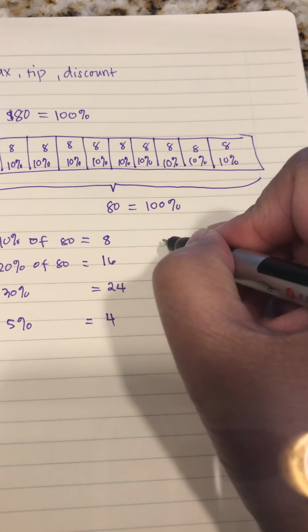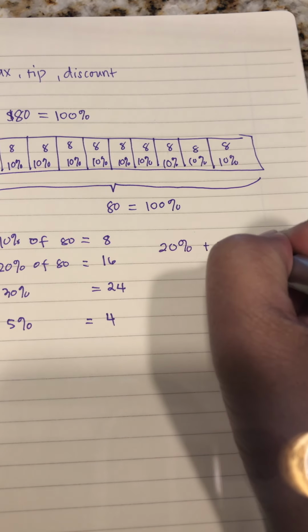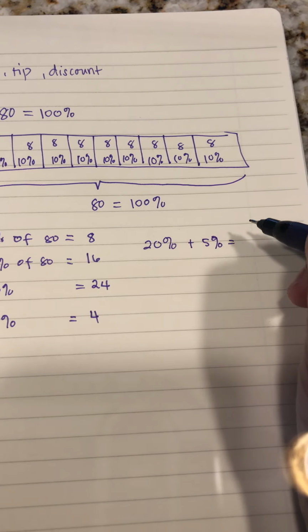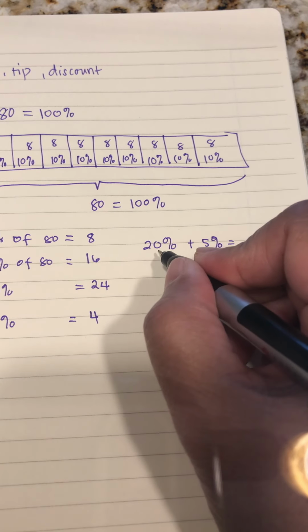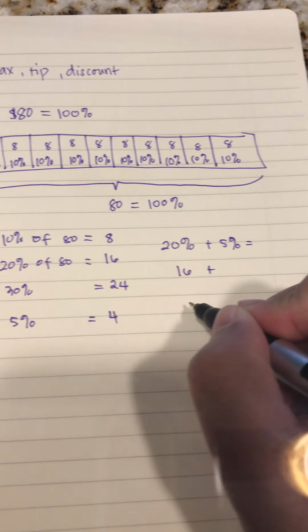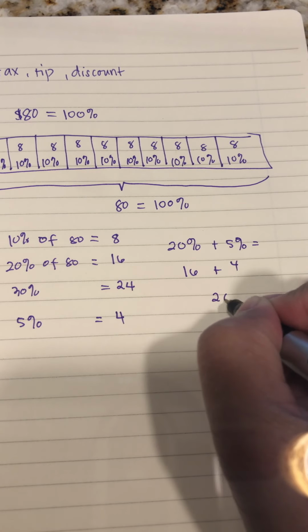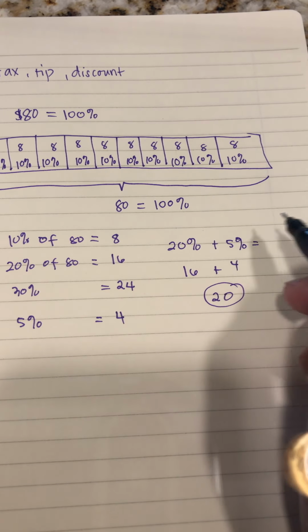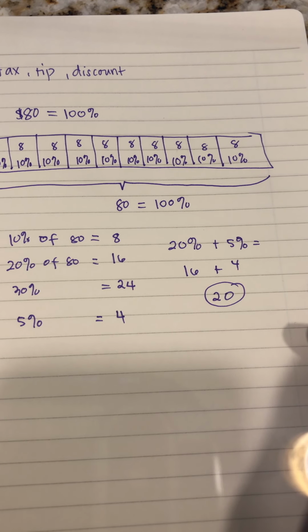For my 25%, I can add my 20% plus my 5%. My 20% is 16, and my 5% is 4, so that gives me 20. So 25% of 80 is 20, because 25% is a fourth of 80, which is also 20.